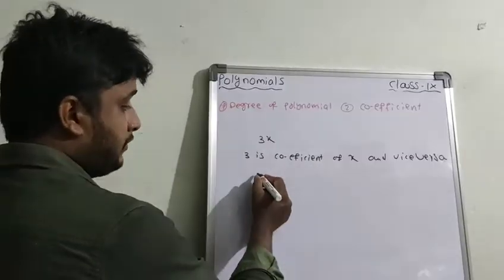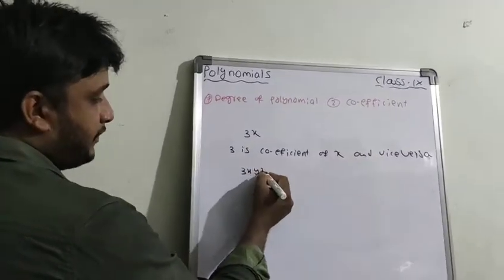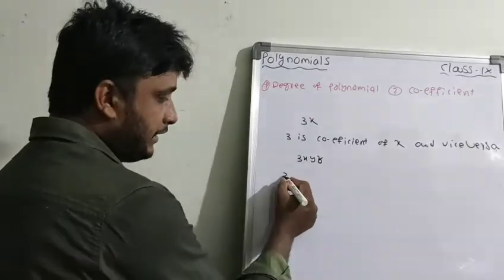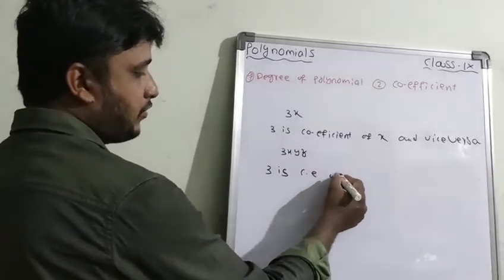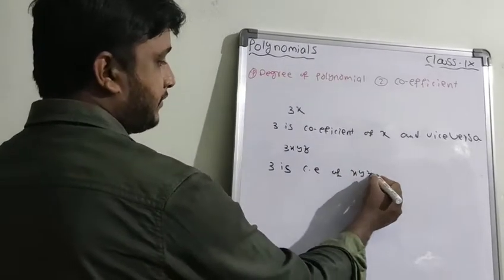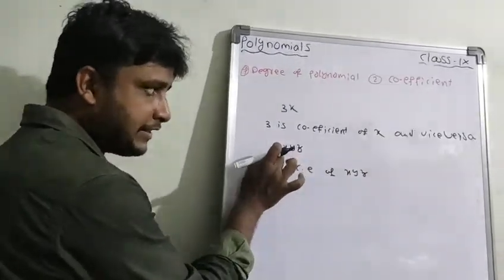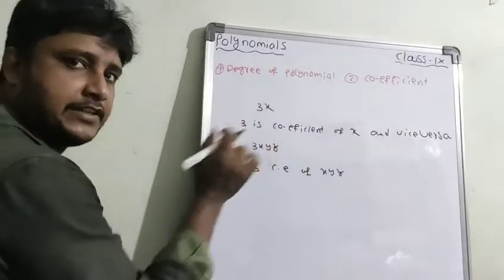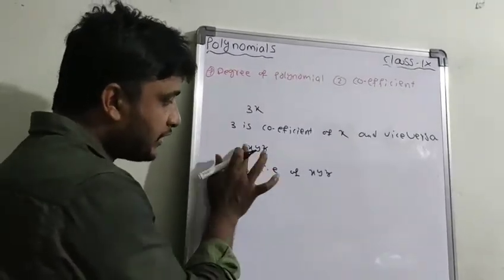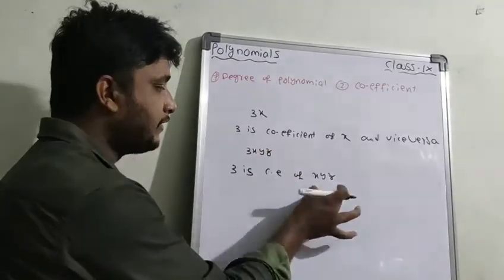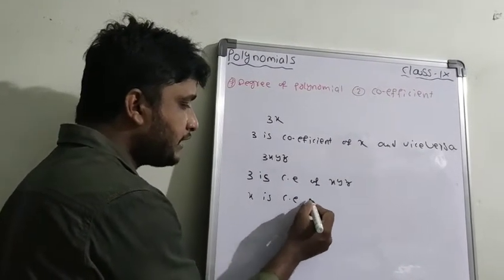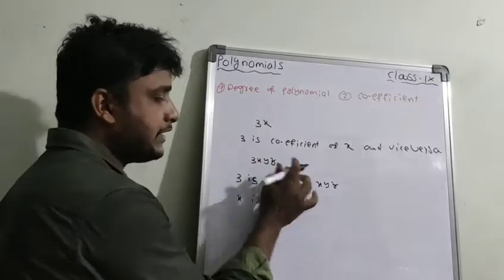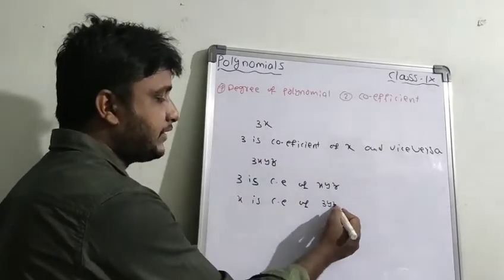So for example, 3xyz is there. 3 is the coefficient of xyz. So each factor, 3 is a factor, x is a factor, y is a factor, z is a factor here. And 3 is the coefficient of the product of the remaining factors, x, y, z. X is the coefficient of 3yz, the product of the remaining factors.